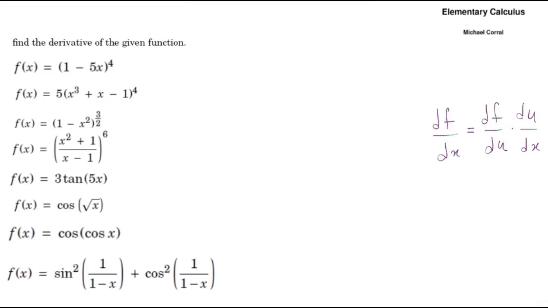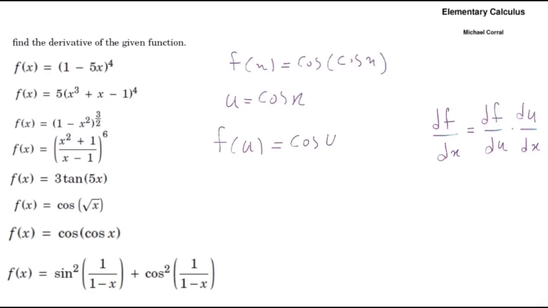The next function is f(x) equals cosine of cosine x, and for finding the derivative of this function, firstly we consider cosine x as the u function, so u equals cosine x and f(u) equals cosine u.